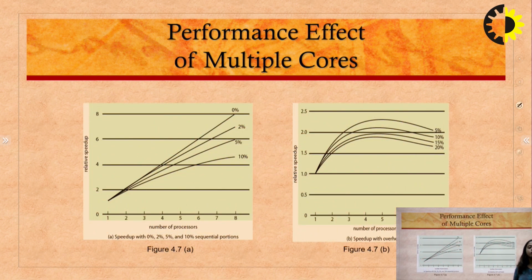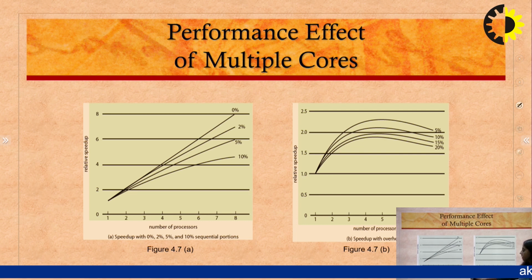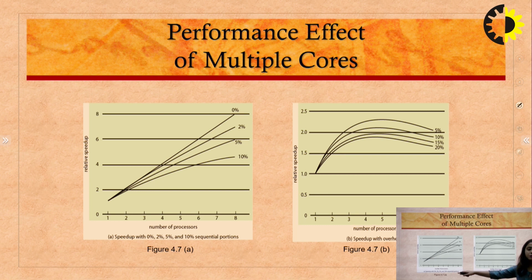Performance effect of multiple cores. Here you can see figure 4.7a and figure 4.7b. There is a graph plotted between relative speedup and number of processors. This is the speedup with 0%, 2%, 5% and 10% sequential portions.